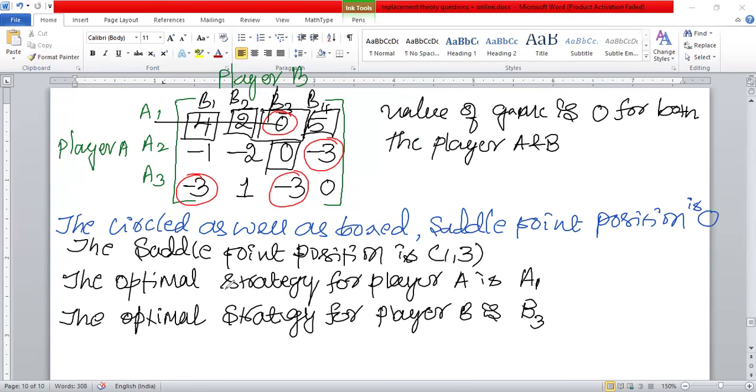When not 0, you write plus and minus. Finally, the above game is a fair game. So this is the way to do the matrix minima method.